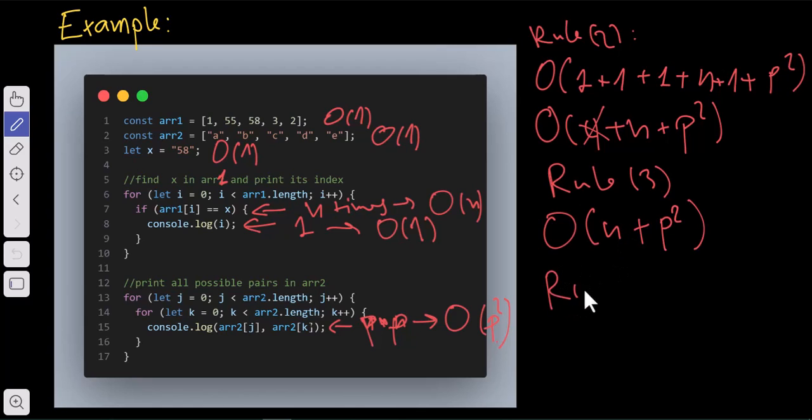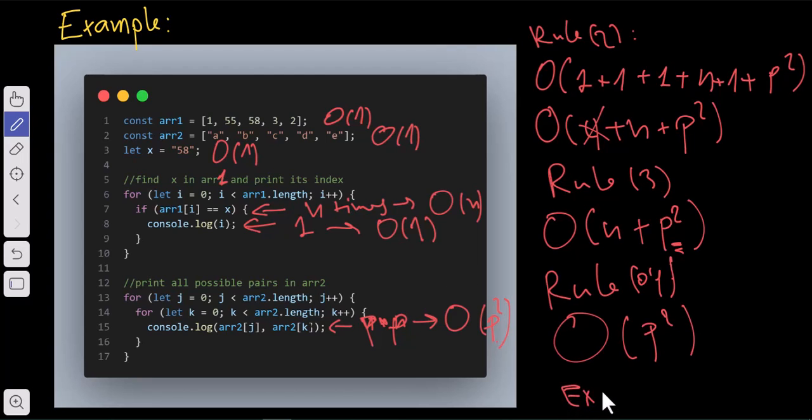Now by applying the rule number 4, which says that we should only keep the dominant term. So the dominant term here is p square. So the complexity of the algorithm is going to be O of p square, which is an exponential time complexity.